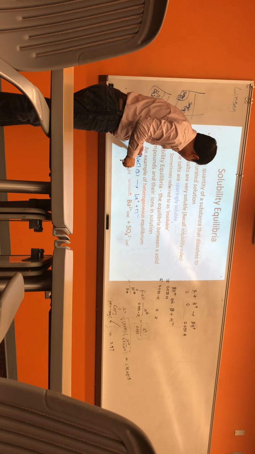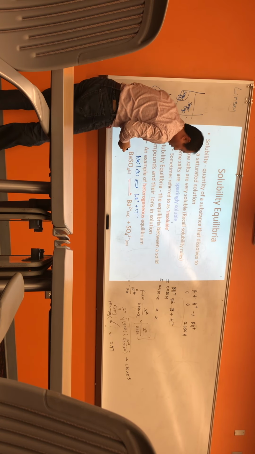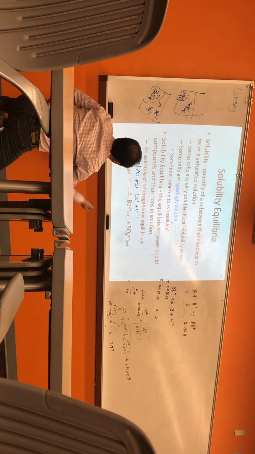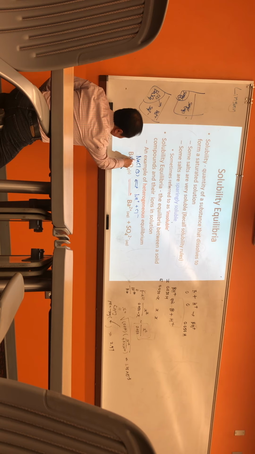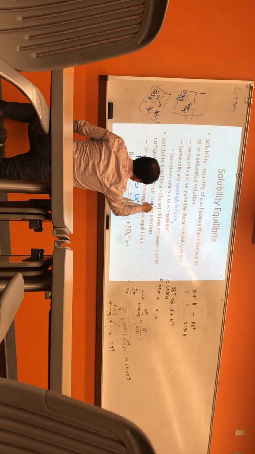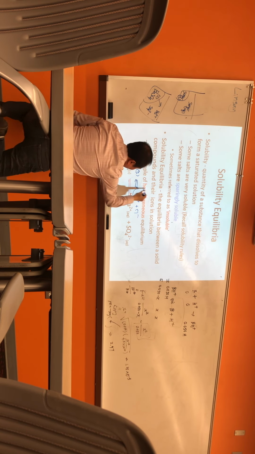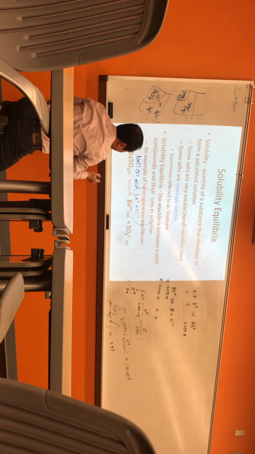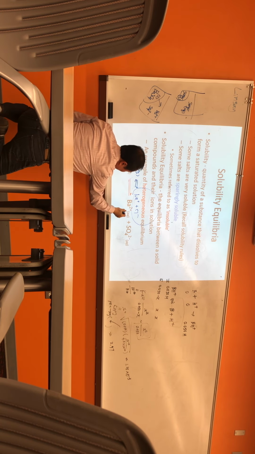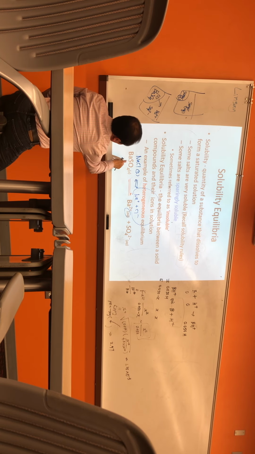So even for this, at some point there will be equilibrium. If you put in any salt, there will be equilibrium. If it dissolves very well, it is a soluble salt. For this one, you'll get lots of product because it's very soluble. For that one, you'll have a little bit of product, so this is considered insoluble.